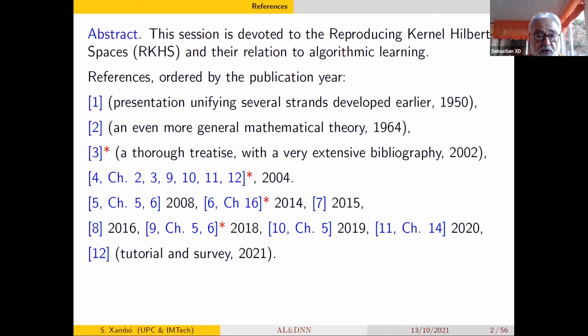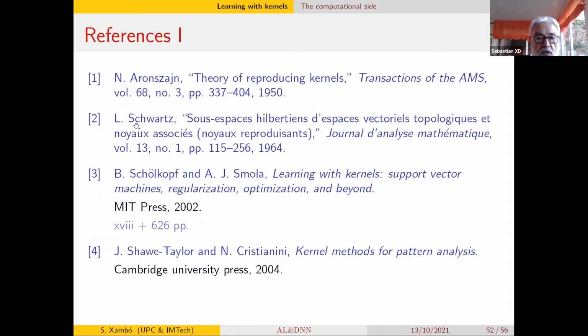Here you have a few references, but I will not go through them, except maybe number 3, a thorough treatise with a very extensive bibliography, which is Schölkopf and Smola, Learning with Kernels: Support Vector Machines, Regularization, Optimization and Beyond. This is from MIT Press, 2002, and it's a very long book, as you can see.